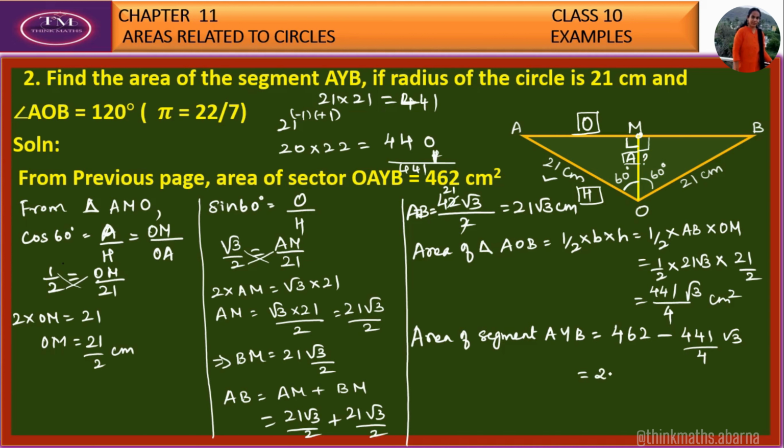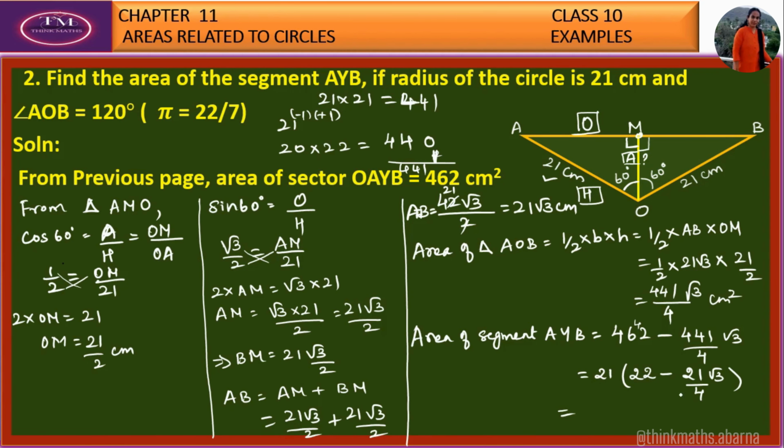If we take 21 outside, 462 is two 21s are 42, so 22 times 21. And 21 into 21 is 441, so 21 is taken outside, and there will be another 21 root 3 divided by 4.